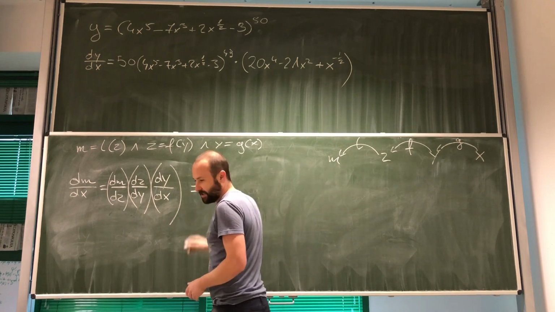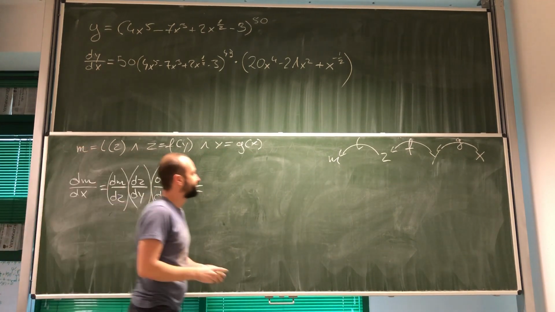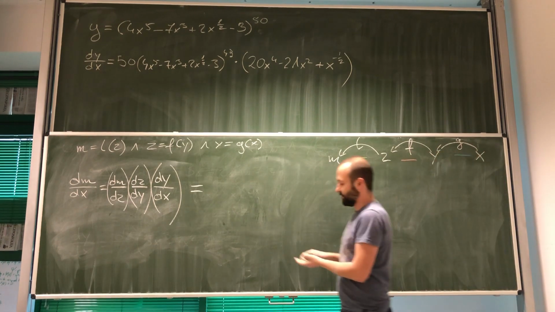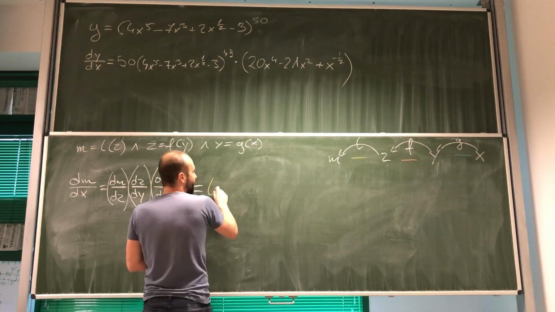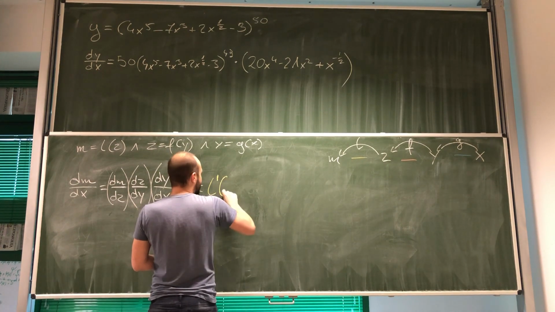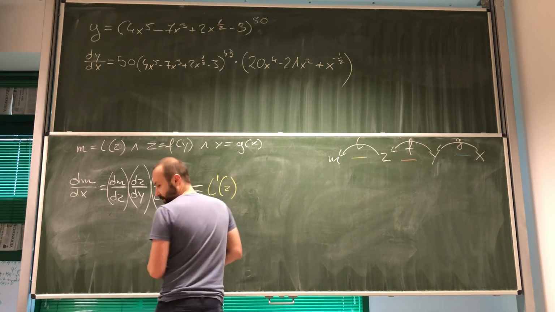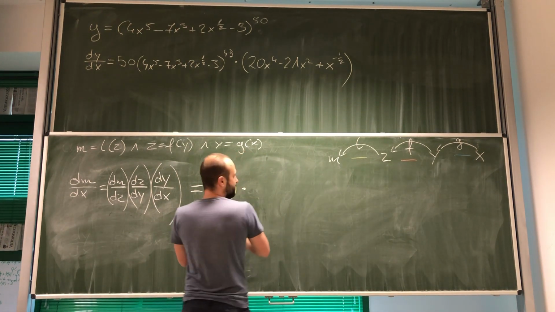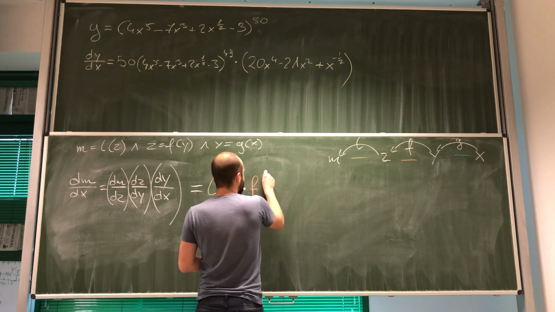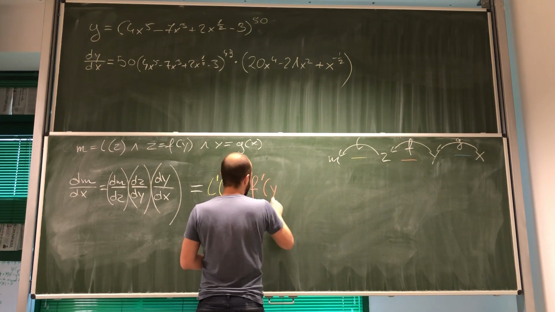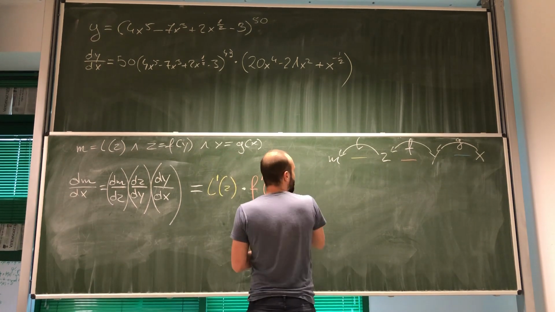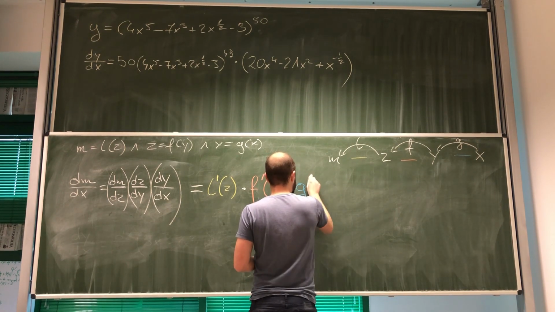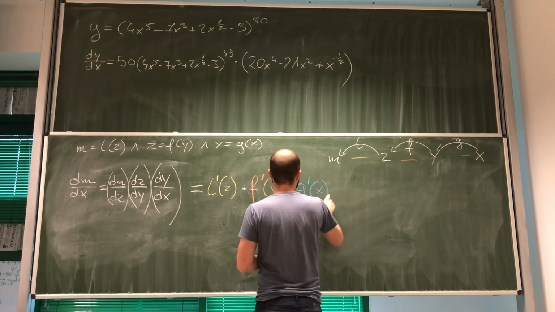So we would calculate here the derivative of 3 different functions. L, derivative of L as a function of z, we would multiply it by the derivative of f as a function of y, and finally by the derivative of g as a function of x.